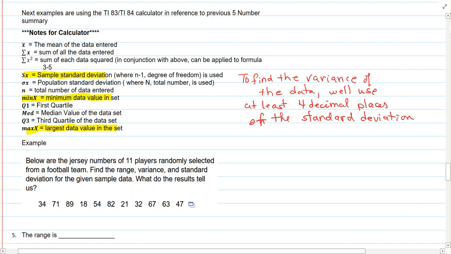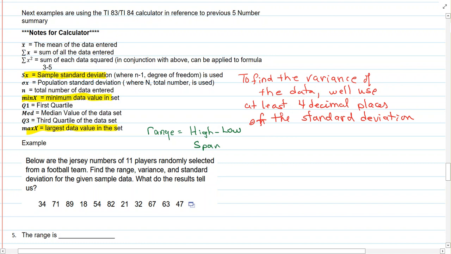All right. So we understand several things. We understand that range is high data minus low to give us a span.